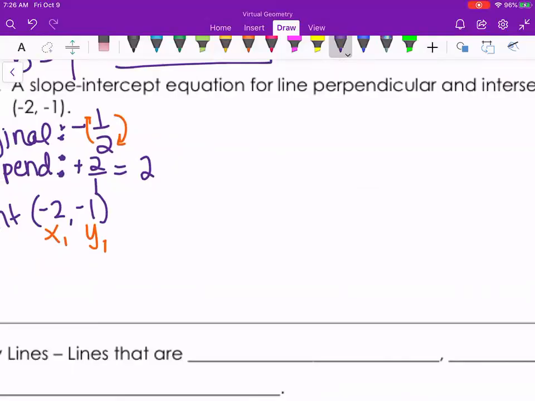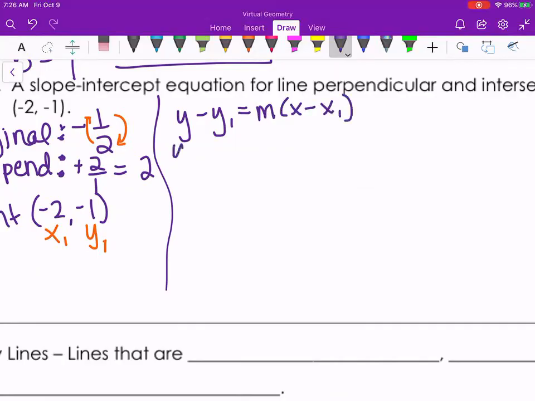All right, so our equation is y minus y1 equals m times x minus x1. Let's plug everything in that we know. So y minus y1 is a -1 equals, our slope is a +2, x minus x1 is a -2.